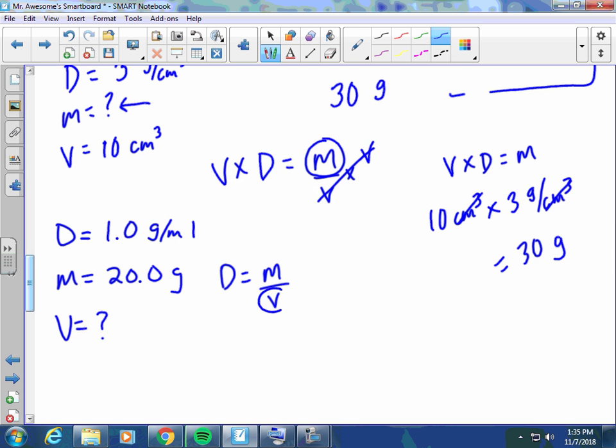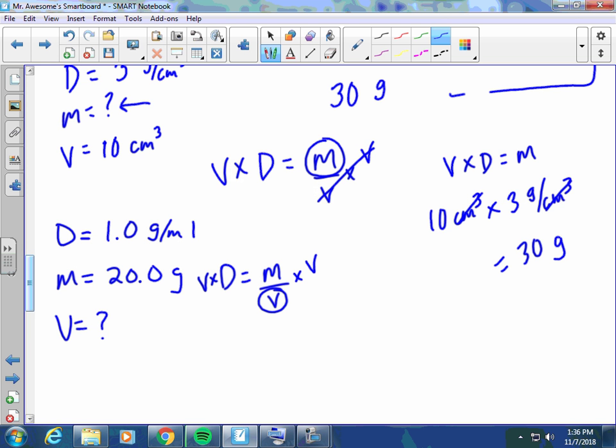I want to get this one on top and by itself. Number one, get it on top of the equation. Two, get it by itself. It's not on top of the equation right now. The way you can do that, whenever you're having problems, you don't have something, just multiply by it. So I'm going to go times V. But I got to do it to both sides.